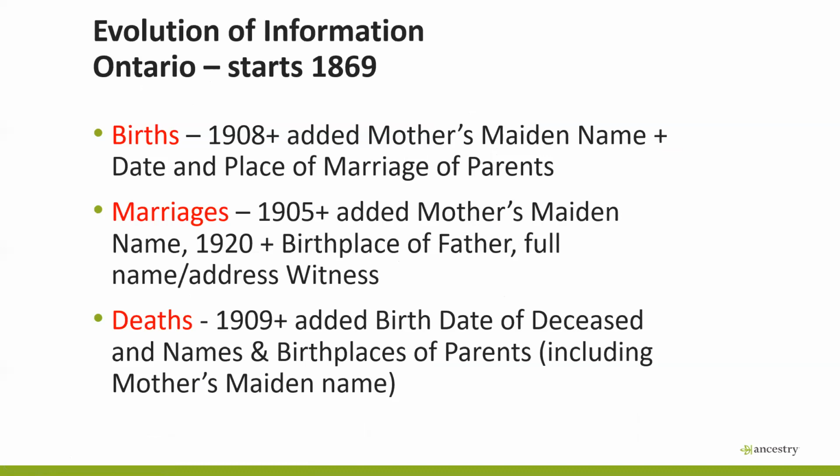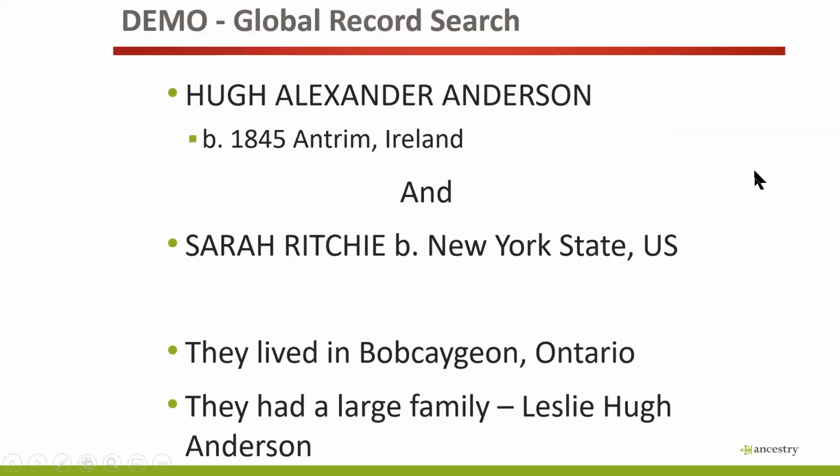So the evolution of information is useful when you've come from a big family and maybe your guy or gal wasn't born at this time or married at this time or died at this time, but maybe a younger sibling, five siblings later, was in this time period to get that key information that you could look up.